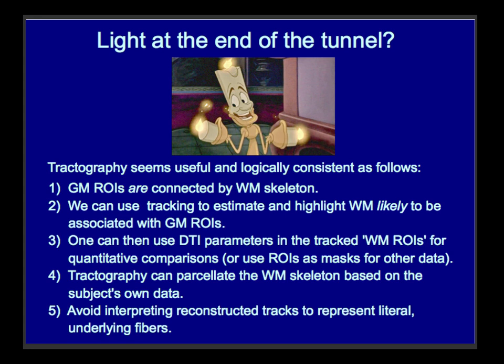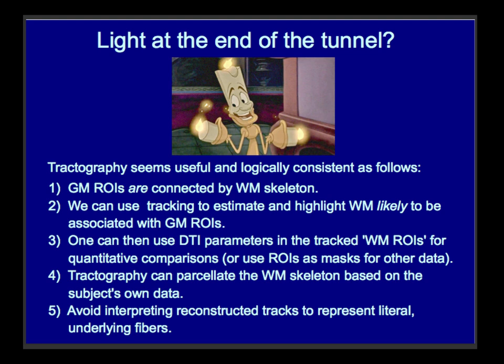Okay, so at the end of the day, what do we use this information for? Well, we know that gray matter regions are connected by the white matter skeleton. That is what white matter does, it connects things. And we want to use tracking to estimate the most likely locations, and in particular, functionally related gray matter regions seem like a useful place to start because at least some of those should be connected.